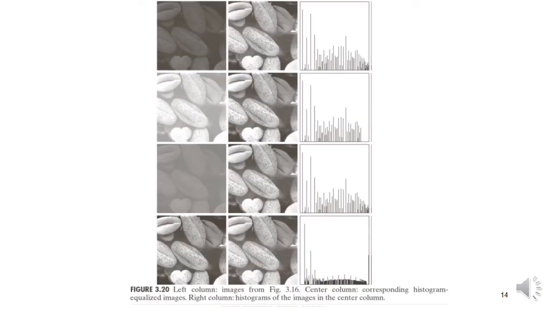Okay, here on the left column, the most left column, these are the images from the previous slide. The images are the same which you have seen in the previous slide, and the center column is actually the corresponding histogram which we have obtained after equalizing the images.